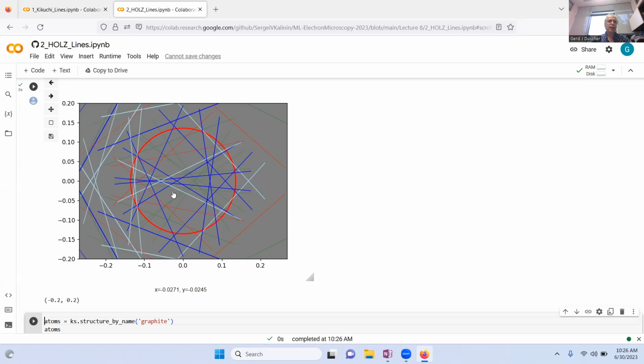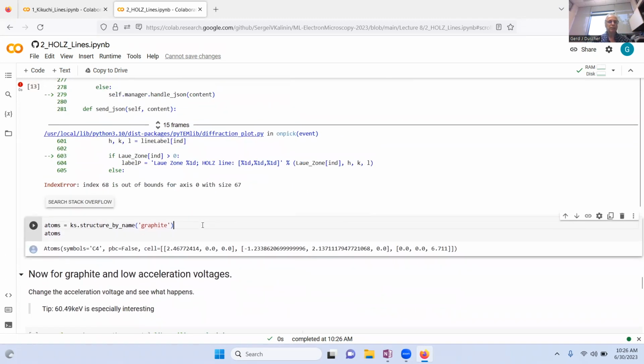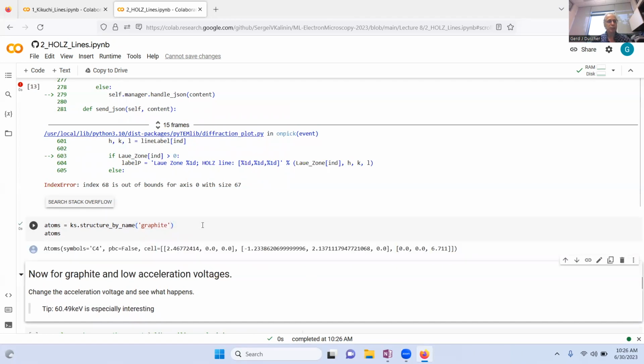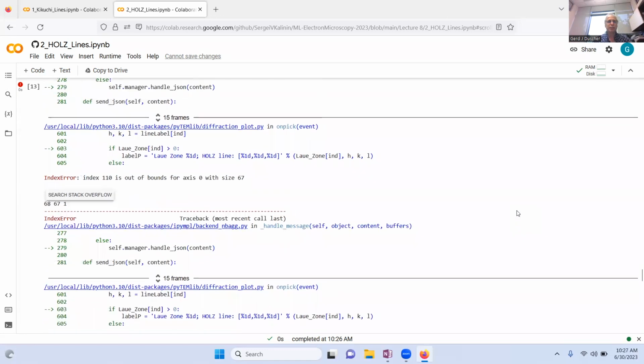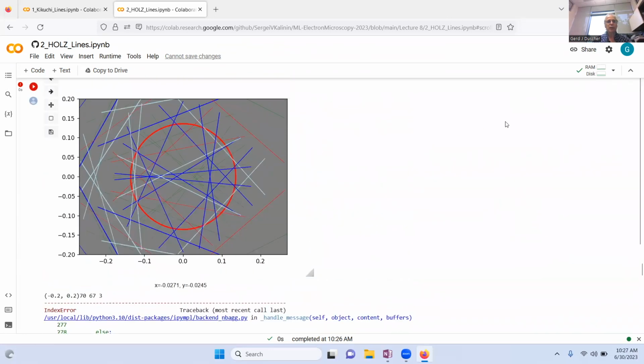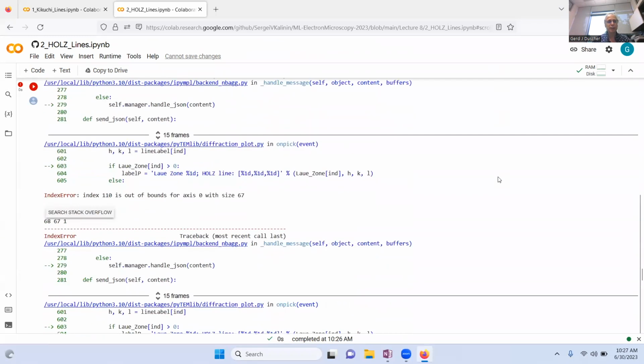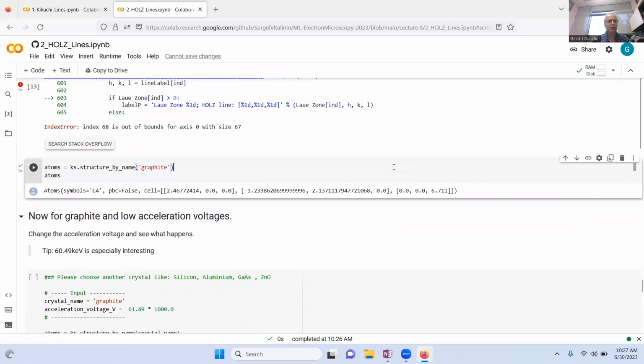So any small changes in, okay, I shouldn't, Google doesn't like that. On your own computer, it will actually highlight what is the Miller index of the different lines here. So I can't do that in Google. It doesn't like the event manager I'm using here.